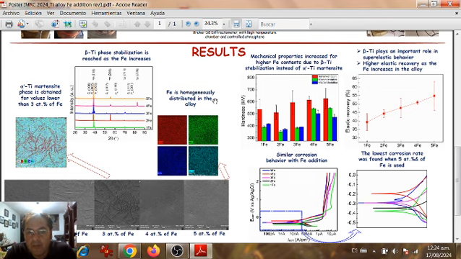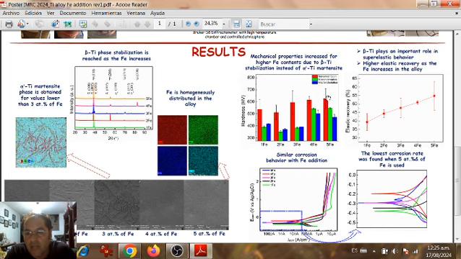So the consequence in the mechanical properties is that from 4% and 5% of iron we obtain the highest values of hardness, no matter if we are measuring nano, micro, or macro indentation.